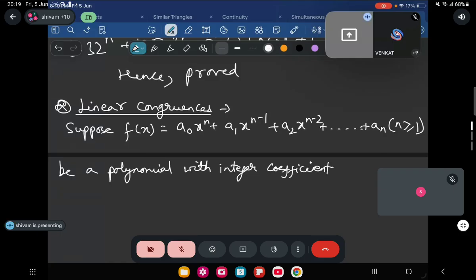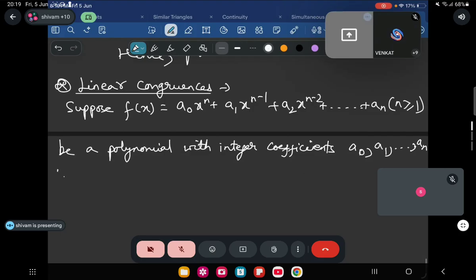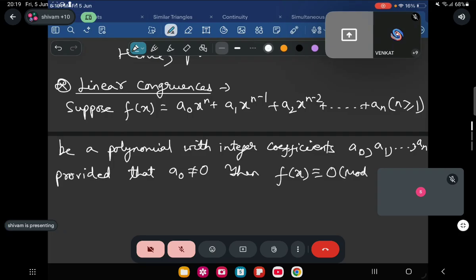With integer coefficients. Okay, everyone. A0, A1, A2 up to AN, provided that A0 is not equal to 0. Then f of x is congruent to 0 mod n.